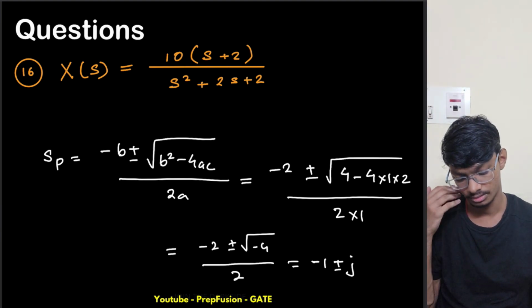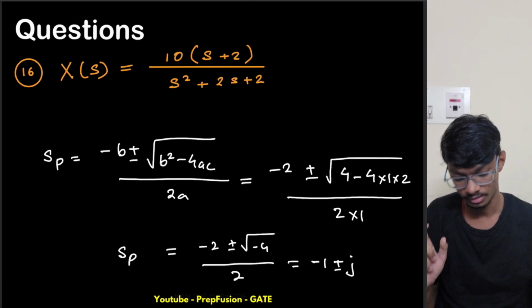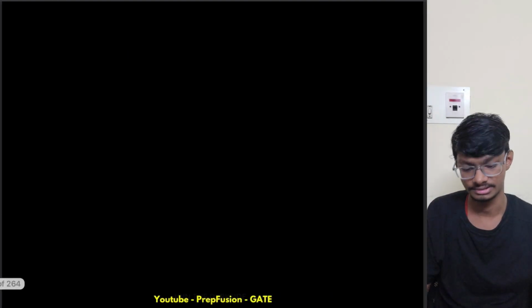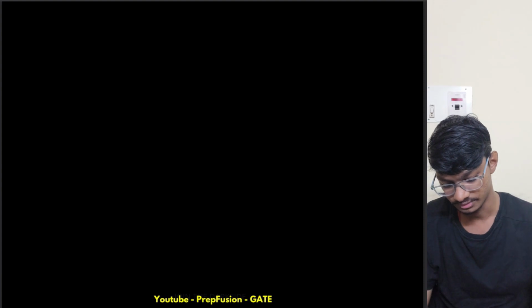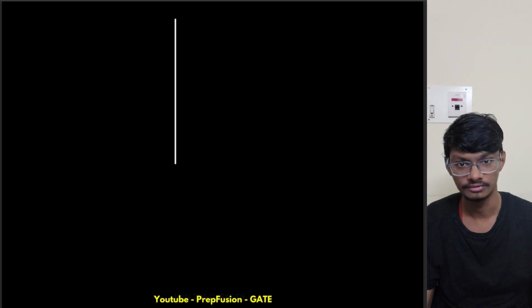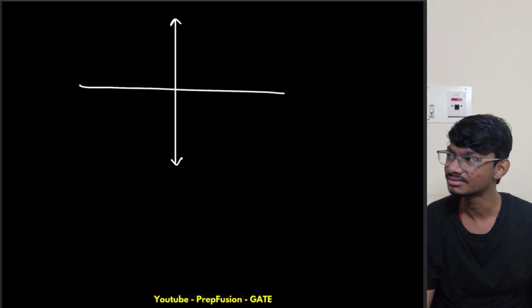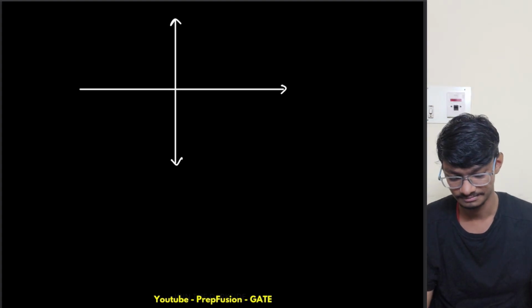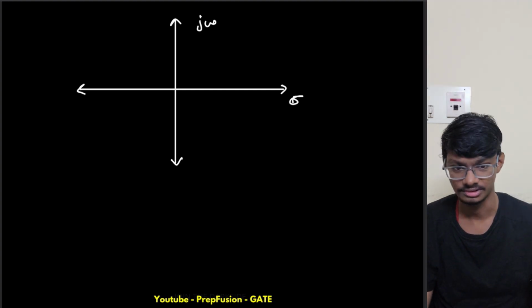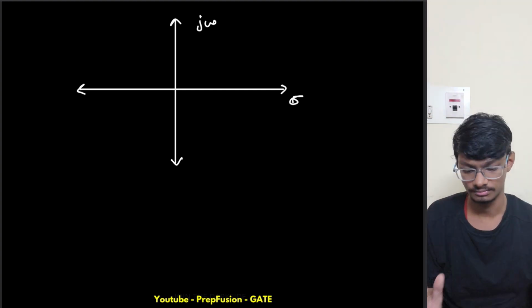So now this will be interesting to plot on the axis. Let me draw the axis first. Sorry for the outside noise. This is sigma plus j omega.